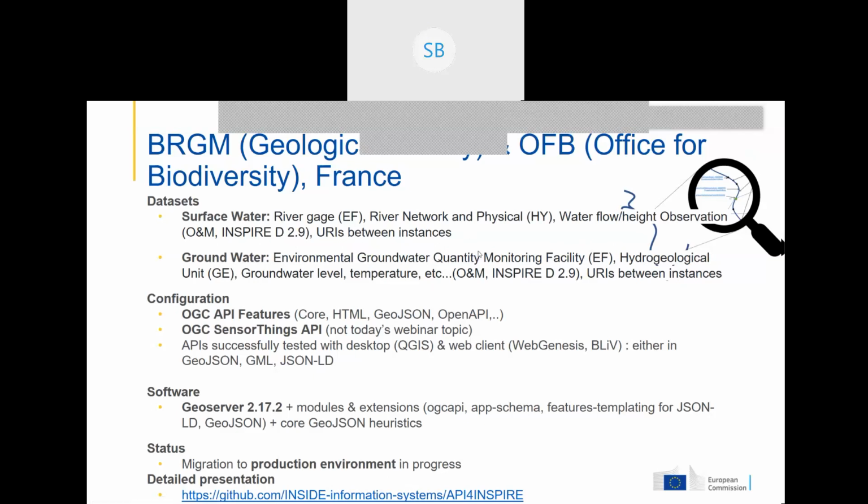We've implemented OGC API Features on top of our pre-existing Inspire OGC compliant system. So on two use cases, one is surface water and the other one is groundwater. The first one, surface water, is mainly focused on hydrometry monitoring, river gauge kind of stuff.